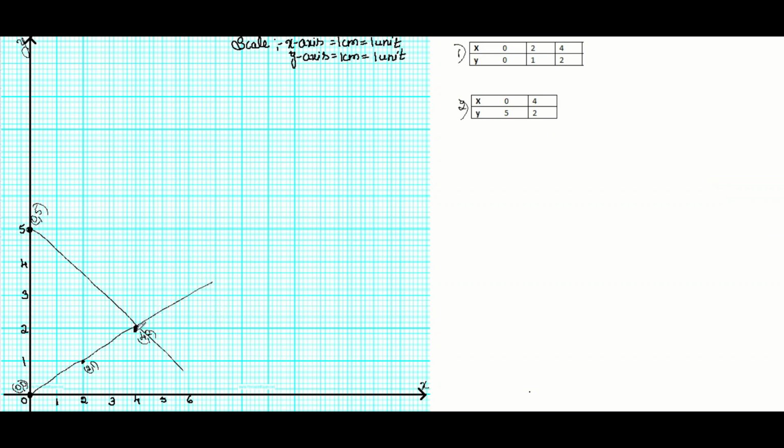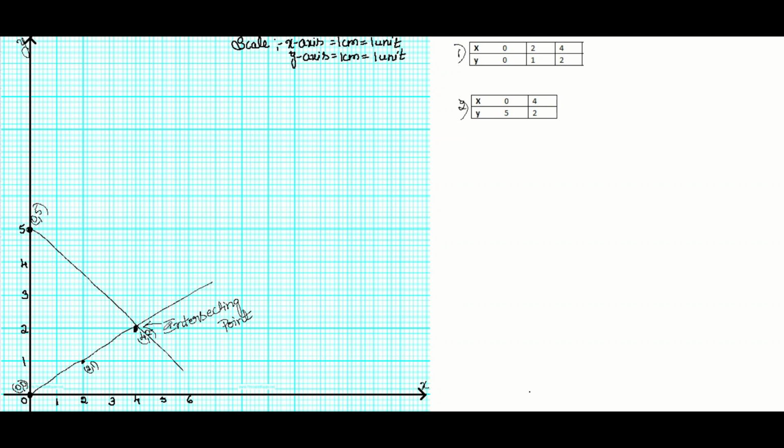So this is the intersecting point. The intersecting point is 4, 2.